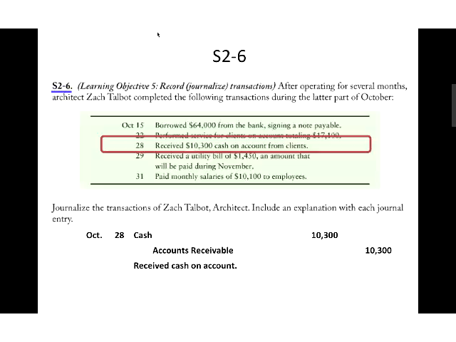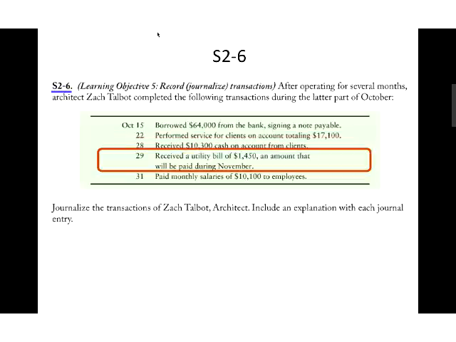Okay. Next one down, October 29th, received a utility bill of $1,450, an amount that will be paid during November. When we receive a utility bill, that means we've used utilities, so we have an expense here that we need to recognize. Expenses are increased with debit, so we're going to see utility expense debited.